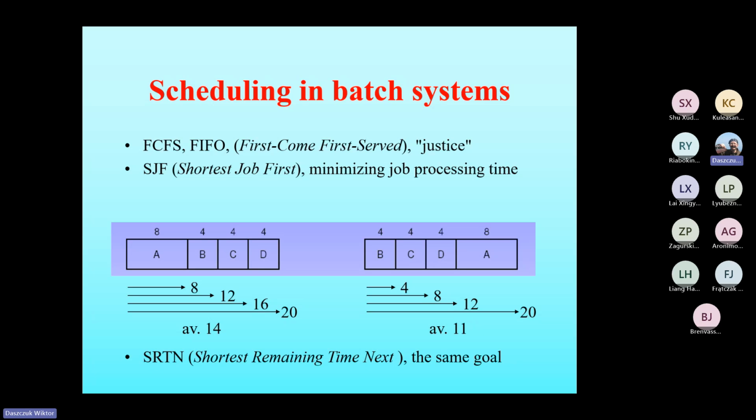Because the circumstances can change over time, we do not take the absolute time. We just let the shortest remaining time to finish first, and then we take the next one. So it takes into account some dynamic conditions which change the relations between processes that run.